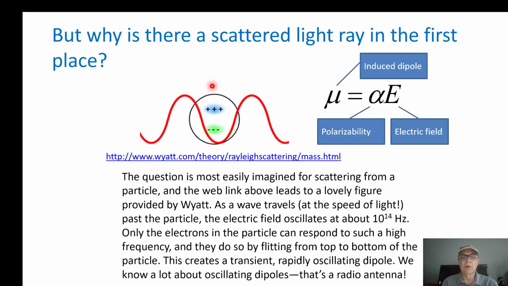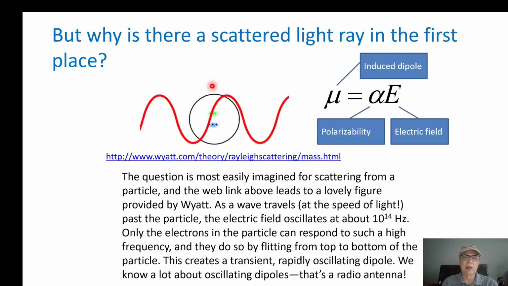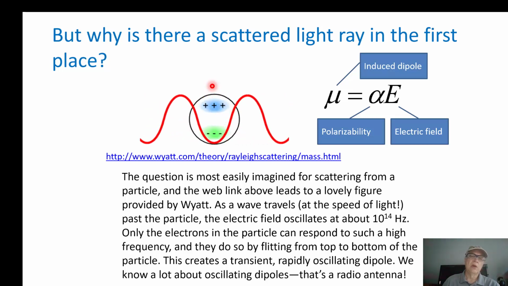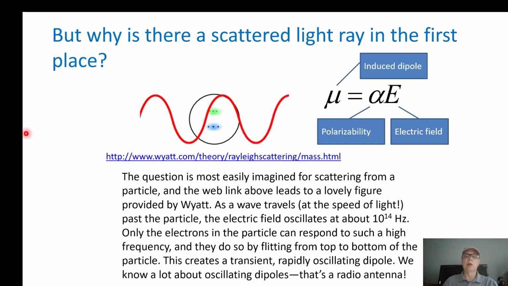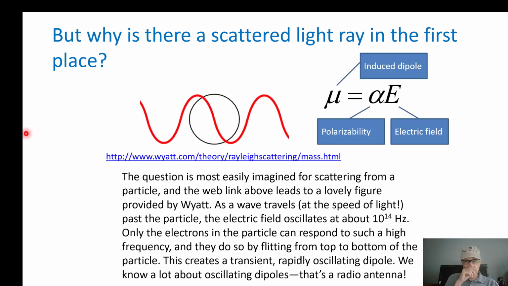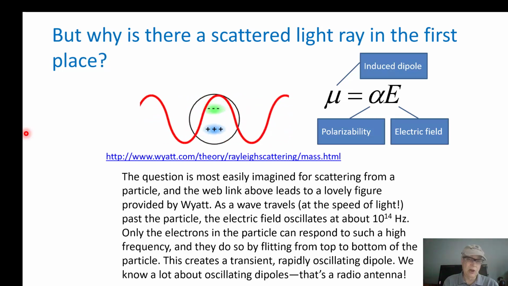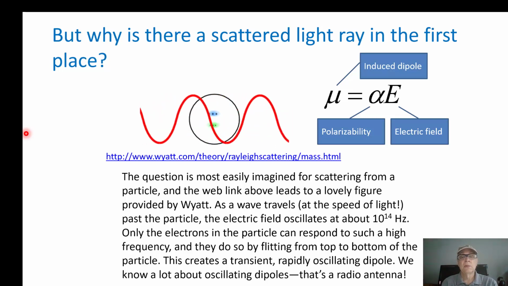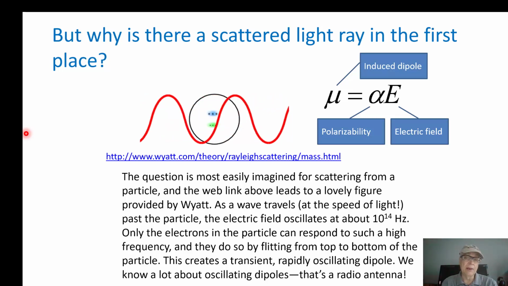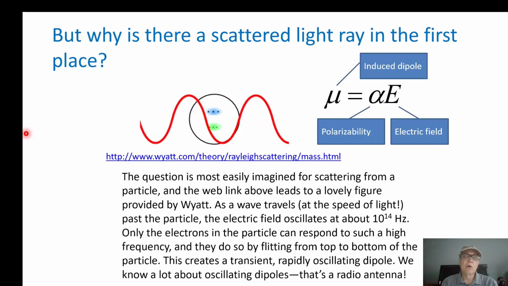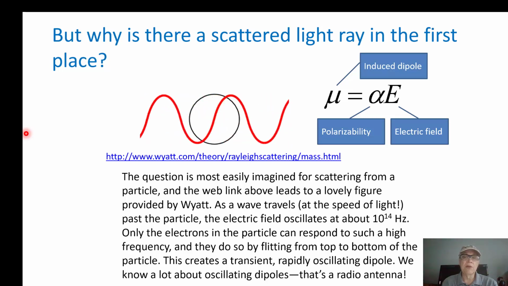What it shows is a red laser beam at a certain wavelength going past a molecule. The laser light is this oscillating electric field. Of course, it's moving at the speed of light, so it's going by very fast, and it corresponds to extraordinarily high frequencies.